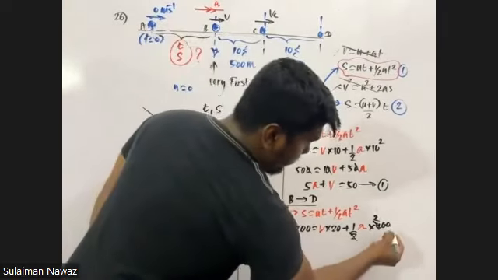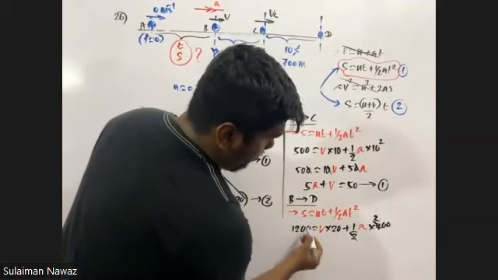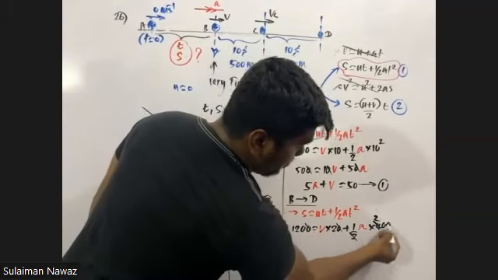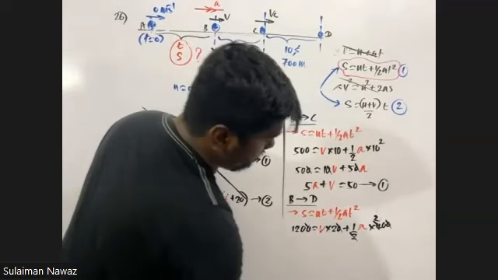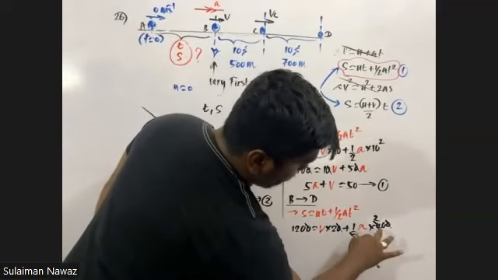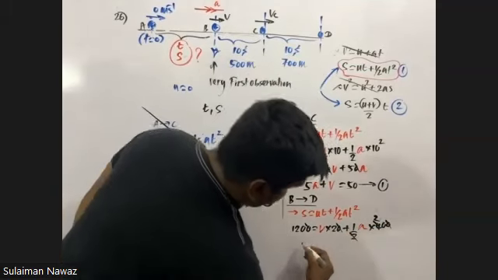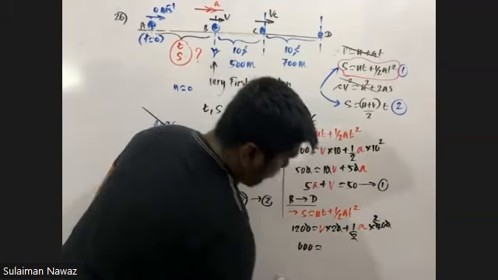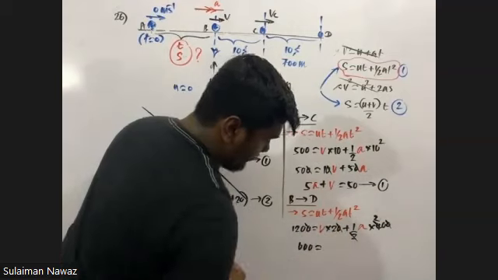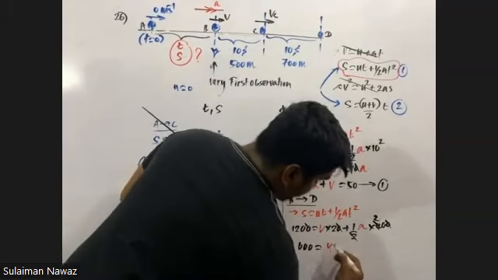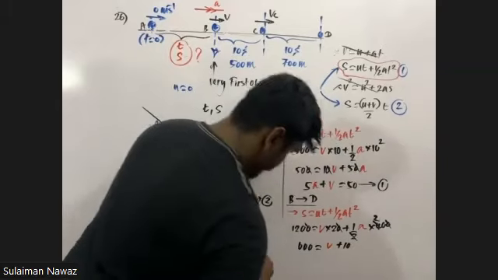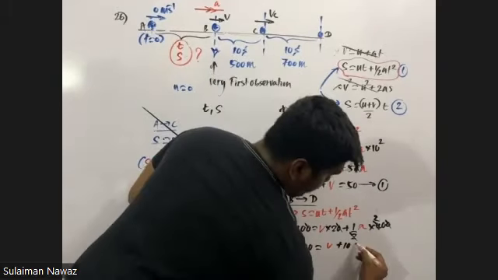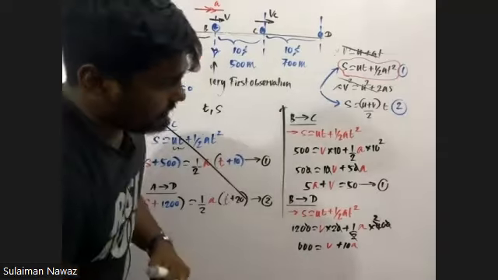If I divide by 20, if I cut all the zeros, and if I divide by 2, 600 equals V plus 10A. V plus 10A, right?